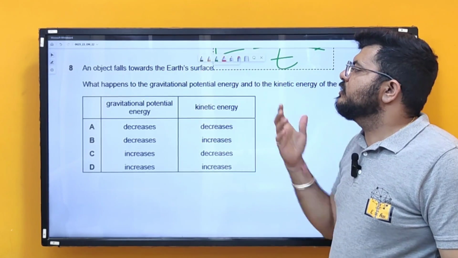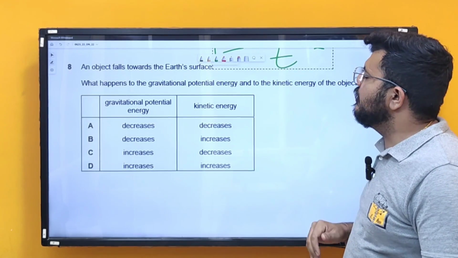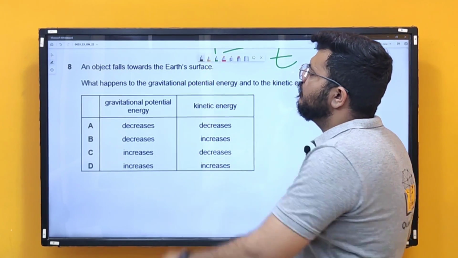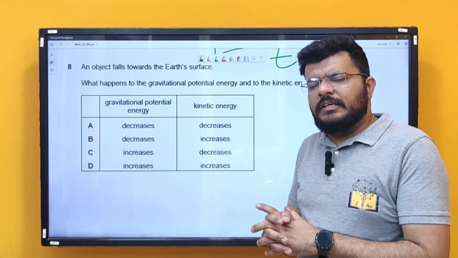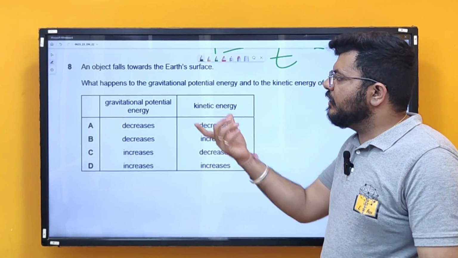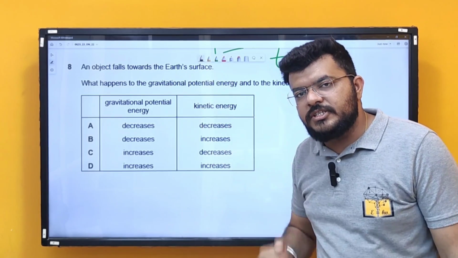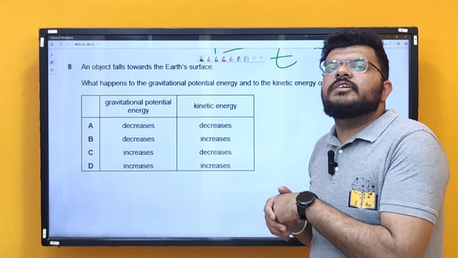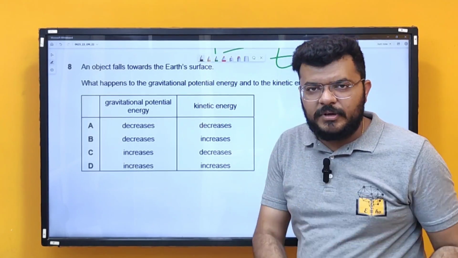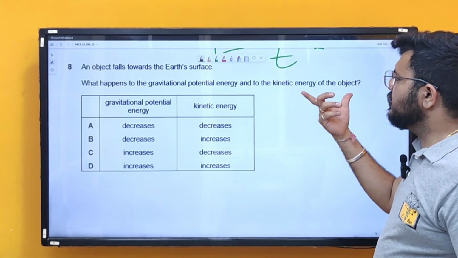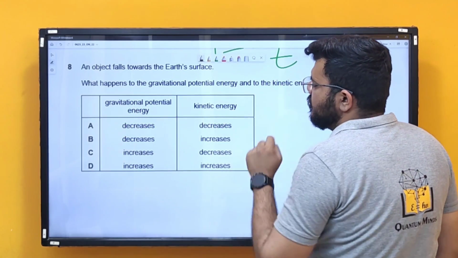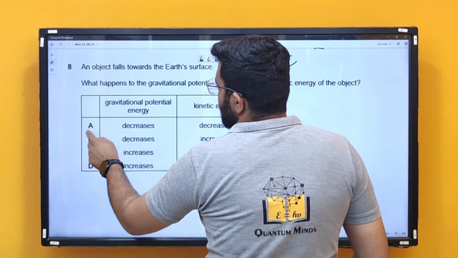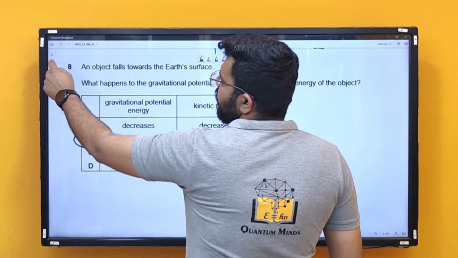If it falls towards the earth's surface, it has no kinetic energy, or maybe some kinetic energy, but definitely gravitational potential energy is decreasing. The law of conservation of energy tells us that it will be converted to some other form of energy, and for us that will be kinetic energy. So gravitational potential energy decreases, kinetic energy increases, and option B is correct.